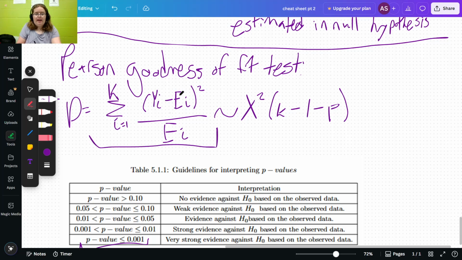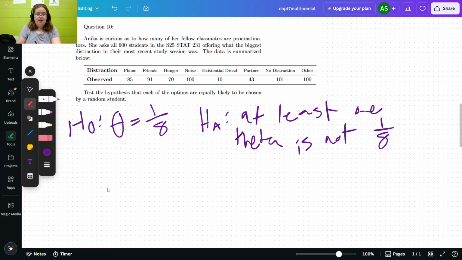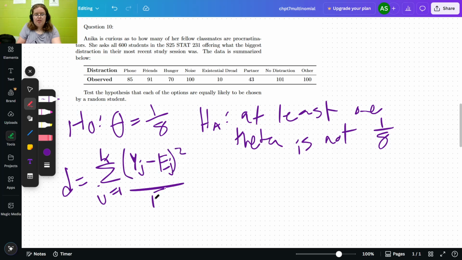So I still have my y_i's and my e_i's, the exact same thing. It's just a different formula to compute this. So we do little d is equal to the sum of j equals 1 to k of (y_j minus e_j) squared over e_j. And remember that e_j was 75, which we computed earlier.